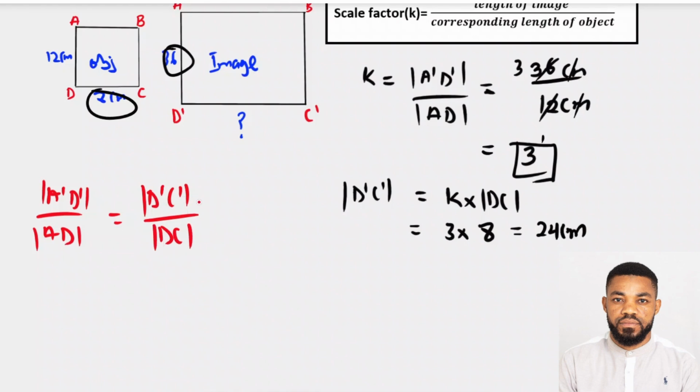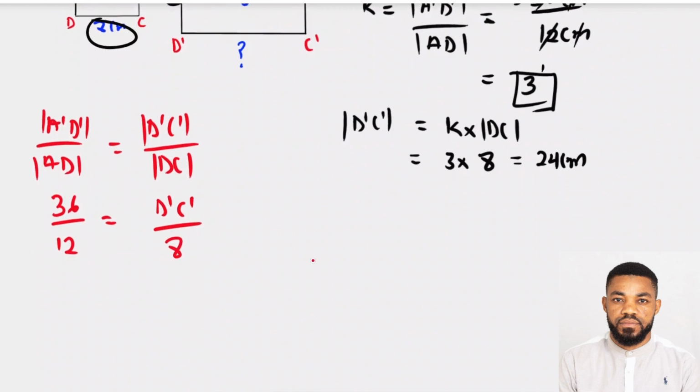A1D1 has been given, that is 36 centimeters, and AD is 12 centimeters, and that is equal to D1C1 out of DC, which has been given already to be 8 centimeters. So you can set up your equation like this, and now you simplify. 12 goes into 36 three times. So you're going to get 3 equal to D1C1, what we are looking for, out of 8.